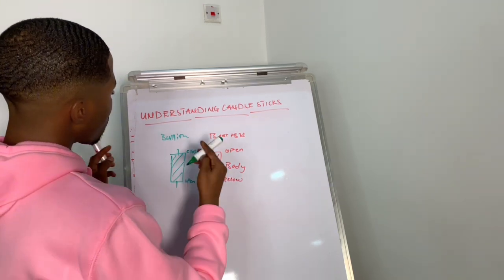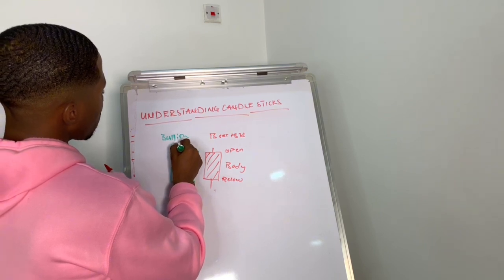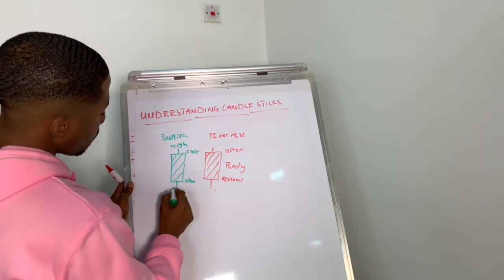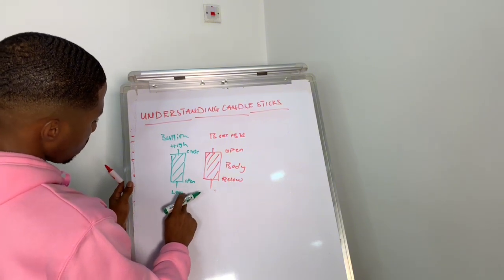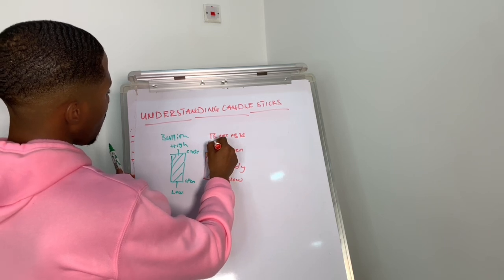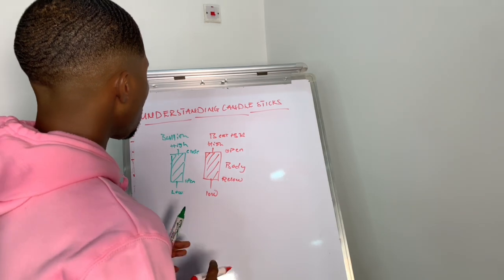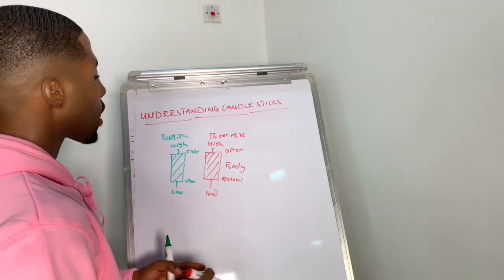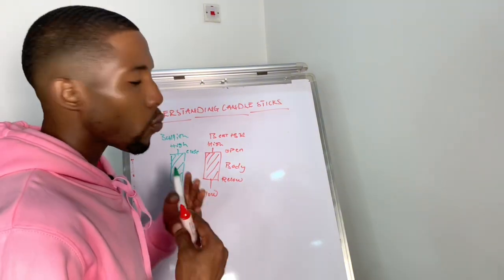And these tails that we call the wicks, this is the high of the market, and this is the low of the market. They are all the same, the high and the low. So this is a representation of a candlestick, and understanding candlesticks is understanding where it opened and where it closed.